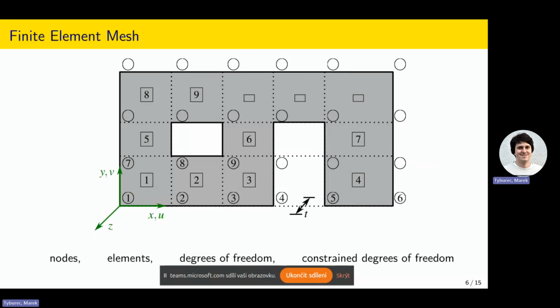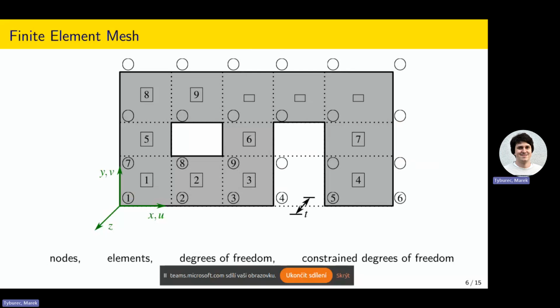Just to recall, we will not solve these energy formulas directly. Instead, we will solve a discretized setting, so we will have an approximate solution. What you can see in this figure is a division of the domain into smaller pieces, which we call elements.